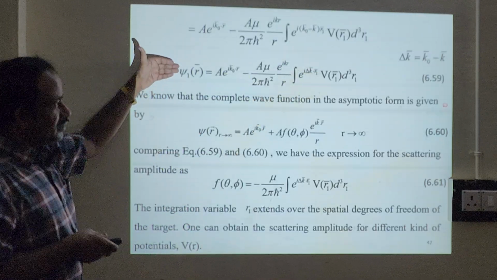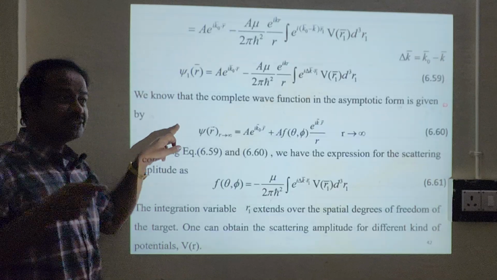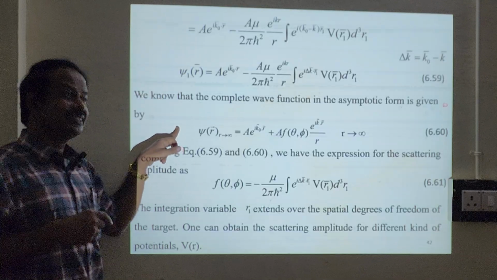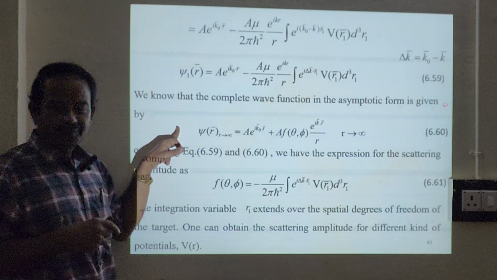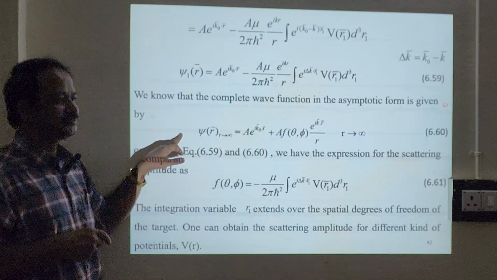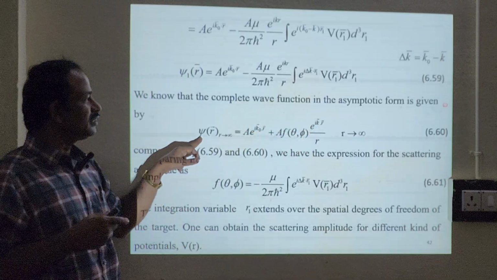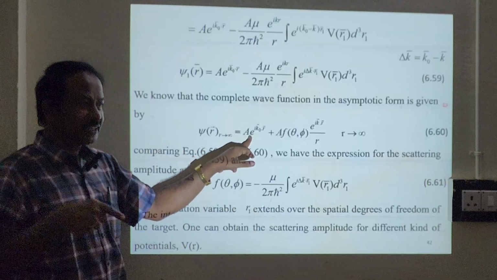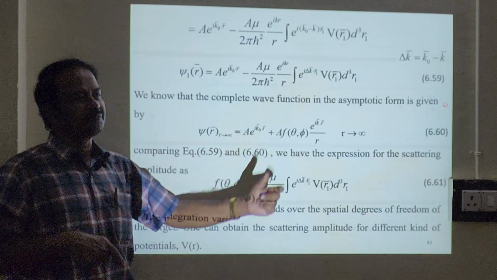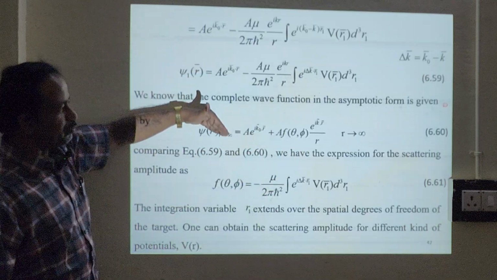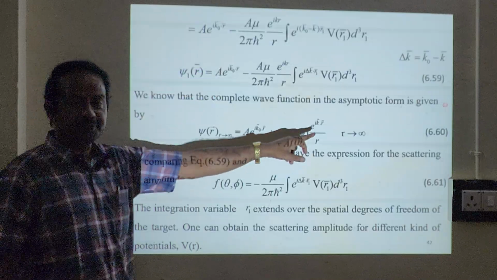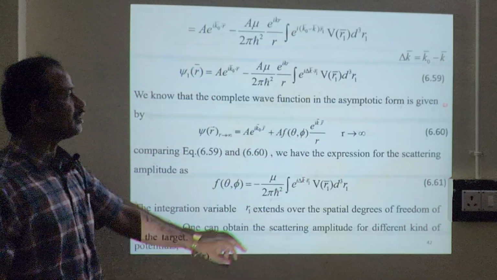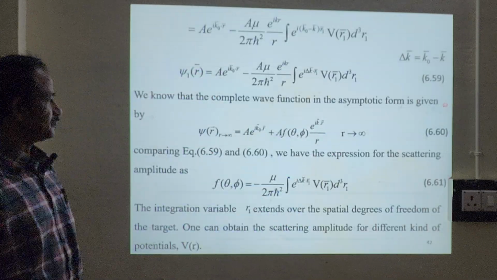Now we can compare this equation with the equation which we learnt already in the first session. Can you remember? In the first video lecture we learnt that the total wave function is nothing but the wave function of the incident plus the scattered wave function. We are going to compare these two, and this holds only for the asymptotic solution, r tends to infinity.